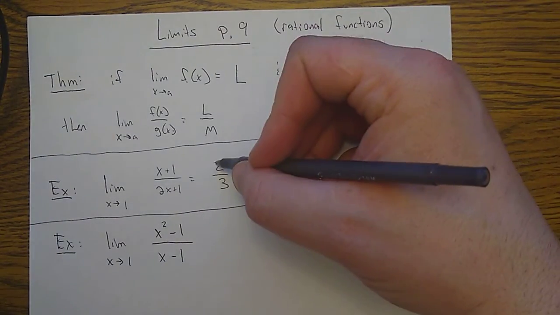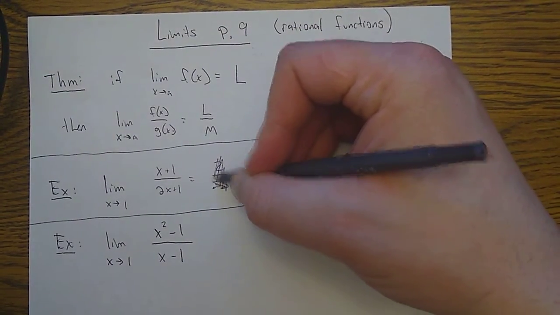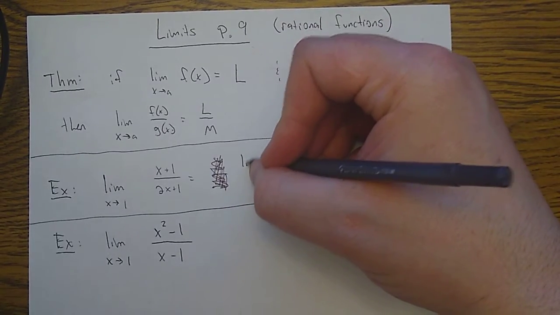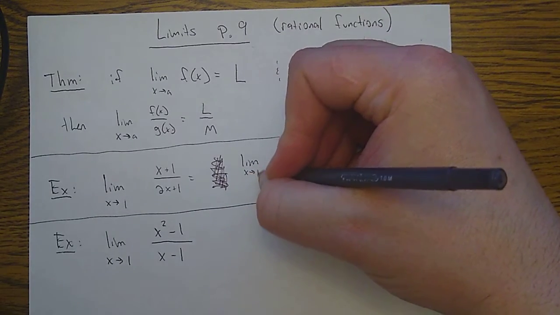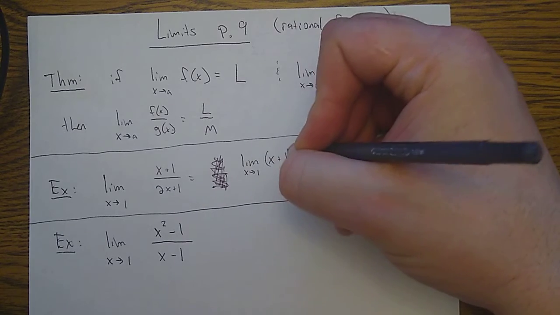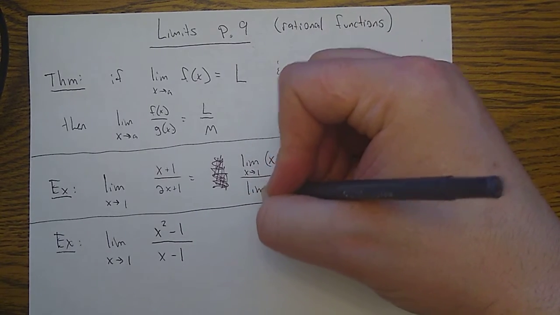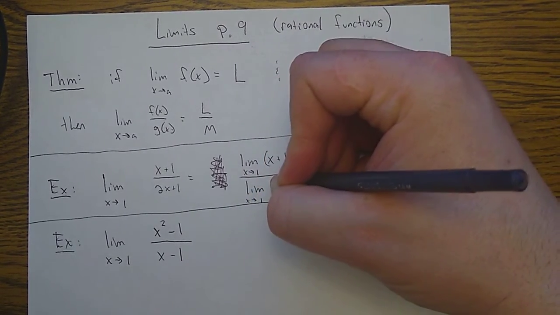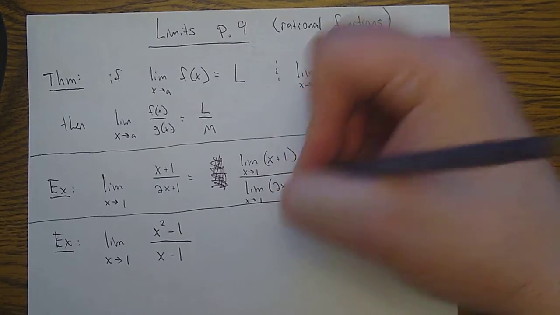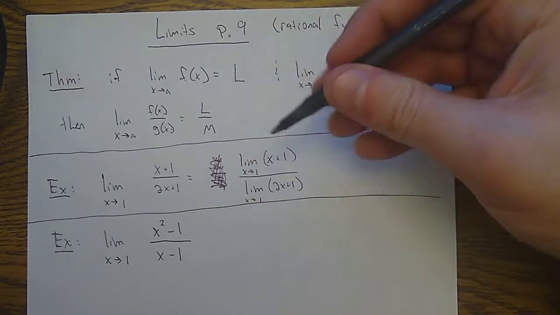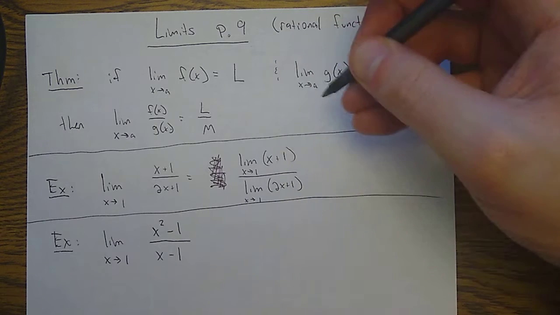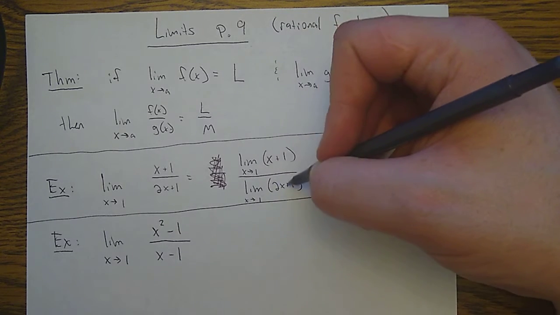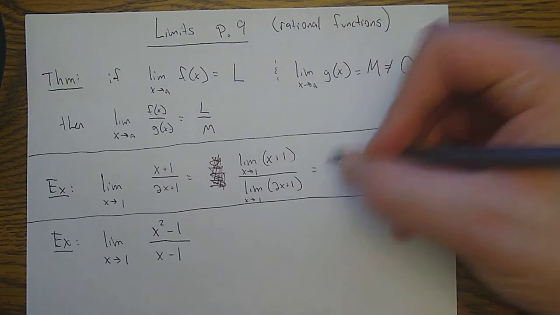And actually, let me break this down, because I just want to show that I'm using the above theorem to do the limit separately on the top and the bottom. And this will work as long as I don't get 0 on the bottom.